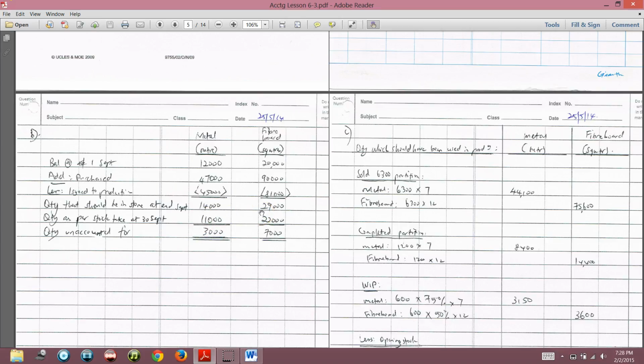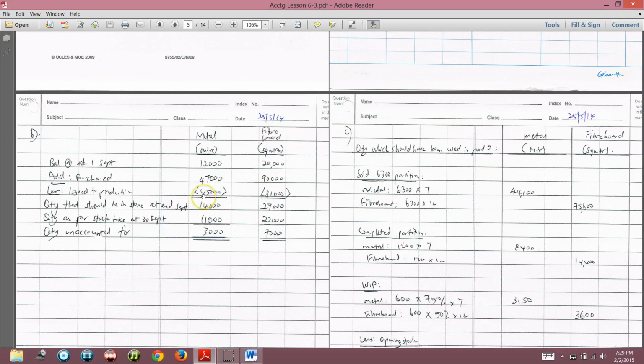You see, if you put your mind in the position of the store manager, you will explain to your boss that, I don't care about the production manager, but from my responsibility point of view, I am the store manager. At the beginning of September, I have so much metal and so much fiber board. We purchased, that means the incoming metal is 47,000 in September and 90,000 for fiber board.